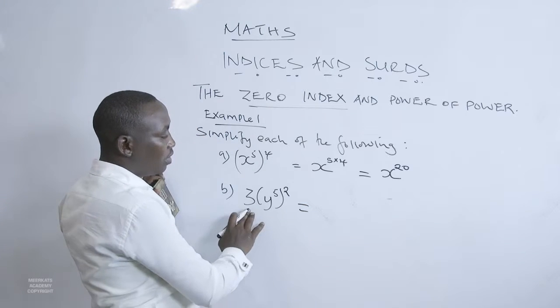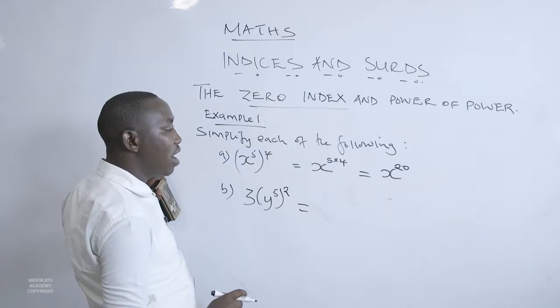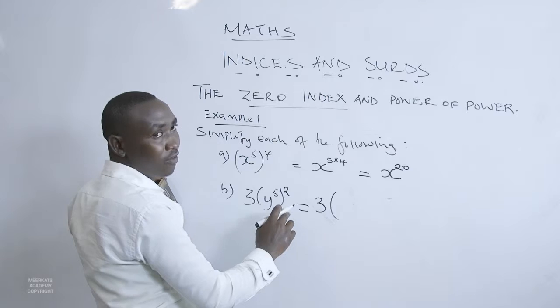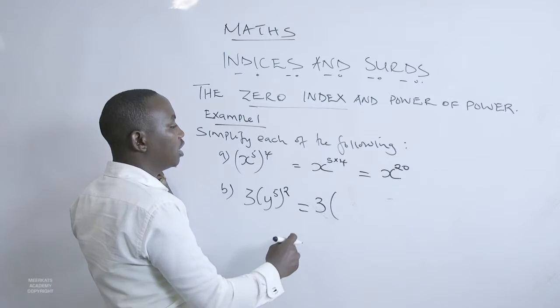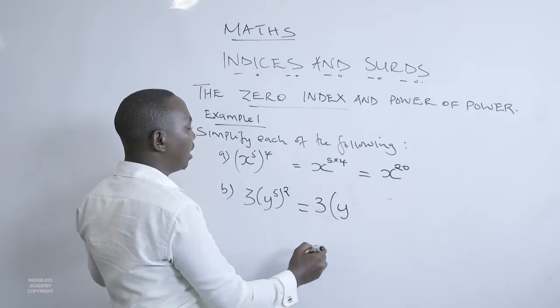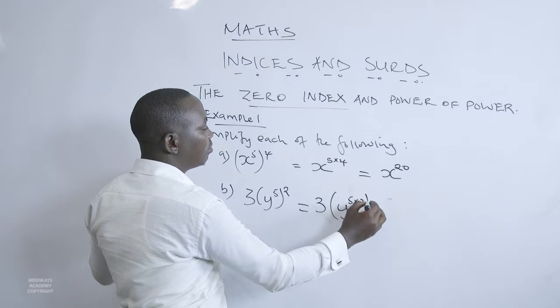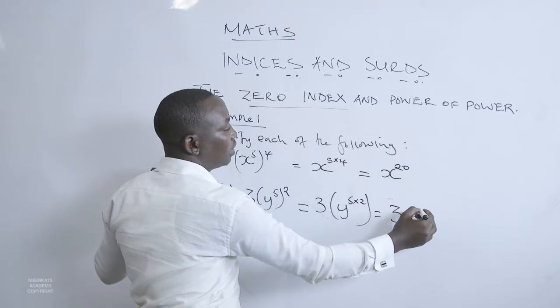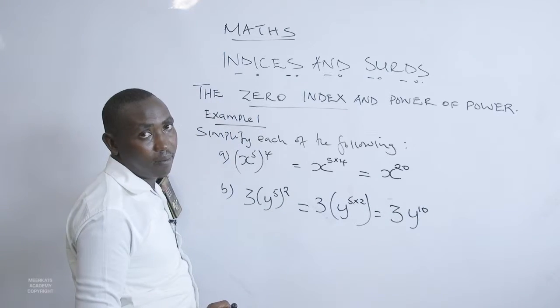For the second case, 3 is not affected by either of the powers, so it is outside. Then we have y raised to 5, again raised to 2. So we are going to have y raised to 5 times 2, which shall give us 3y raised to the power of 10.